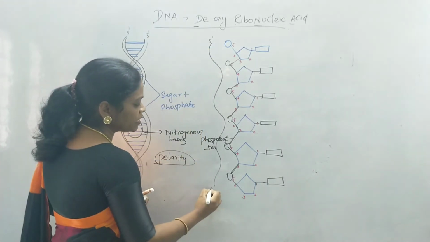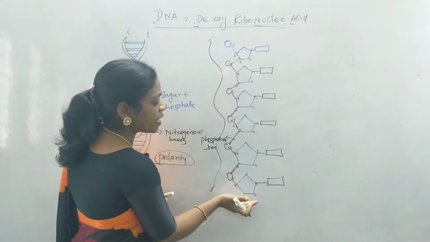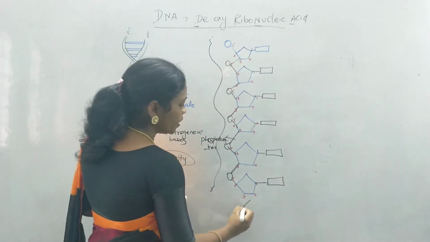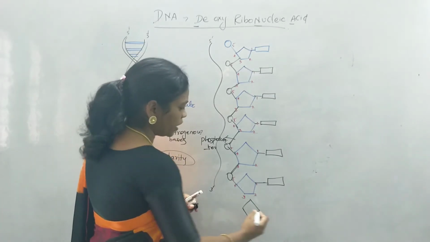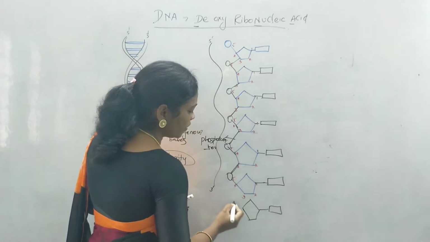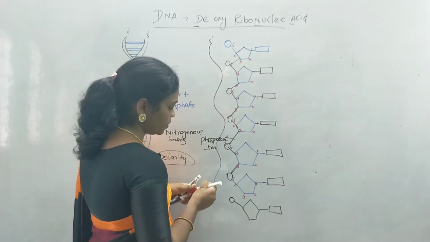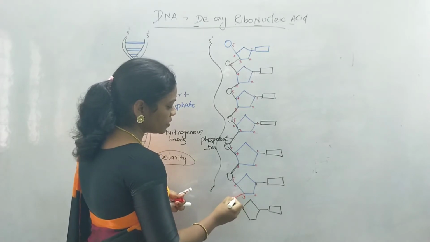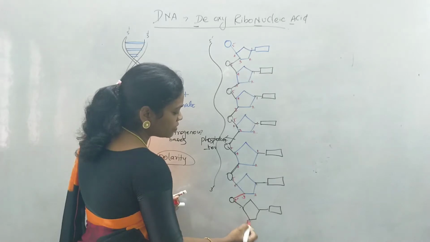So here it is the 3 prime end. One more important thing: nucleotides can be arranged upward and they can also be added on the lower side. To explain, I am drawing one more nucleotide. Again it has one nitrogenous base and a phosphate group. This phosphate group is attached to the third carbon atom of the adjacent nucleotide. This is the fifth carbon position, and again the third carbon.